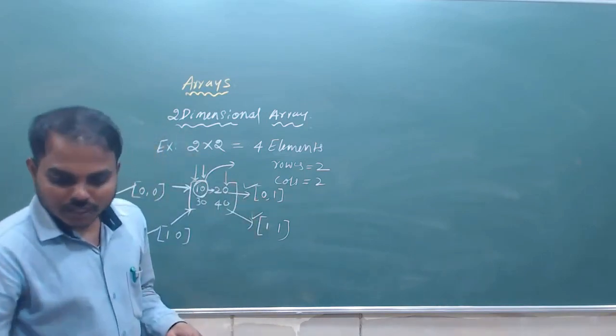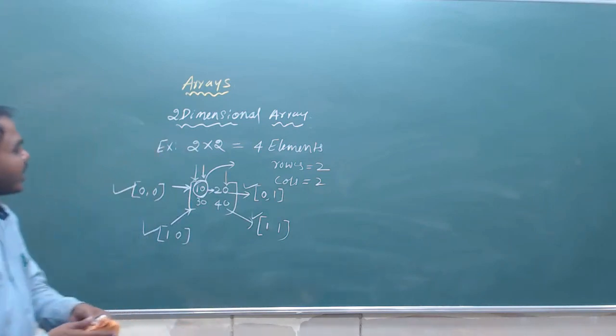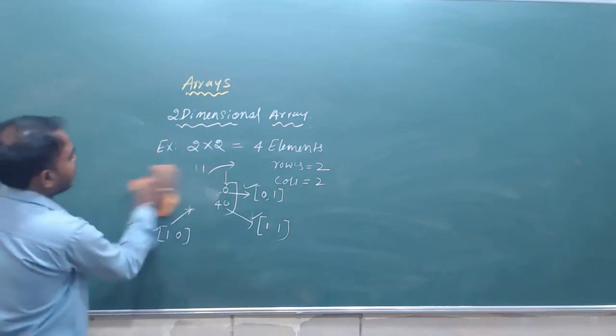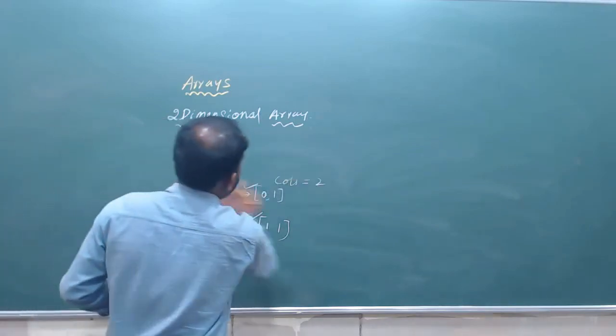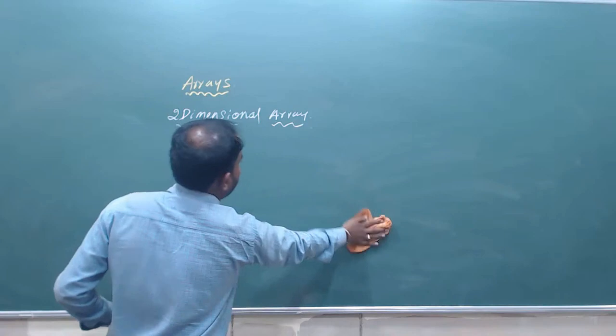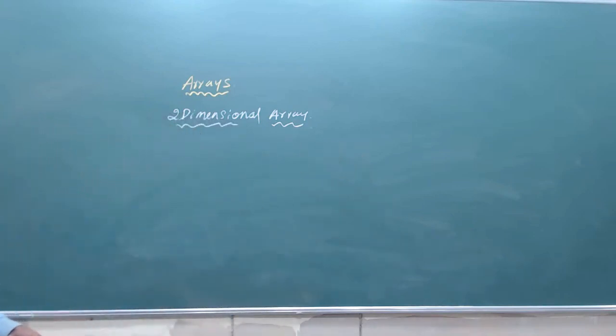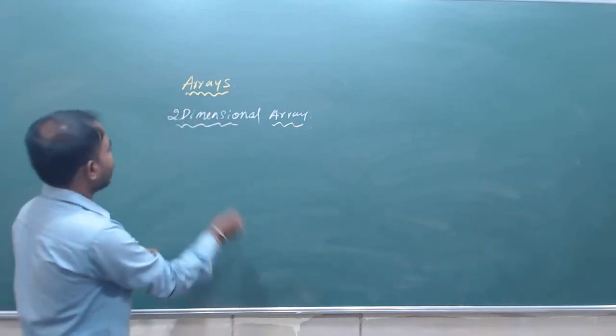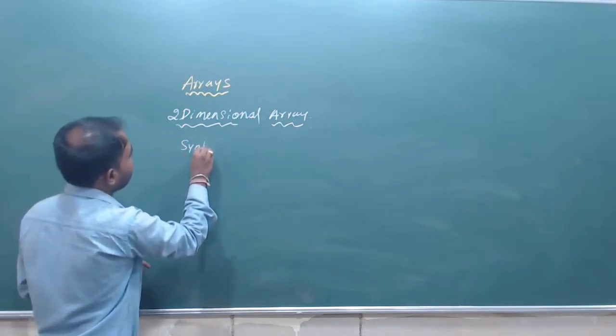Okay. So next we'll see how to initialize and declare the elements in an array. How to declare or initialize the elements in a two-dimensional array. So I'll take the first syntax here.